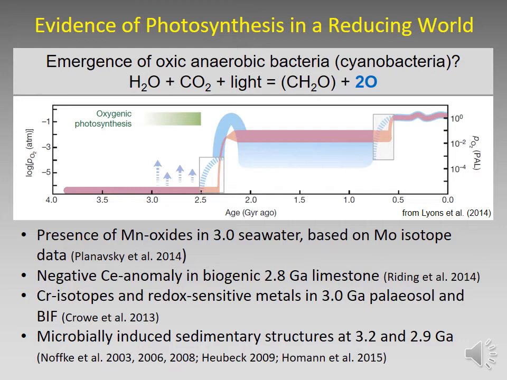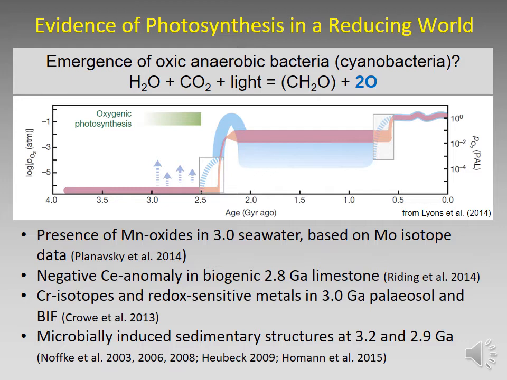We have evidence of this from polyisotope data on manganese oxides. We have evidence for this based on cerium anomalies in Archean limestones, from chromium isotopes, from all sorts of other redox-sensitive metal distributions.